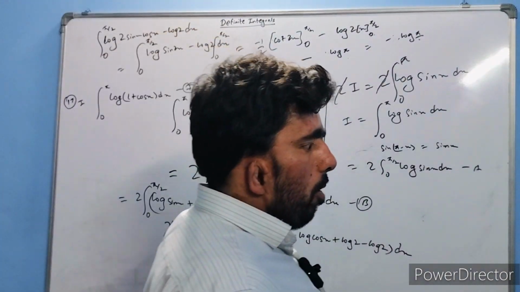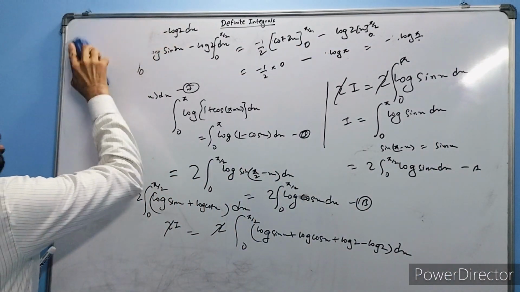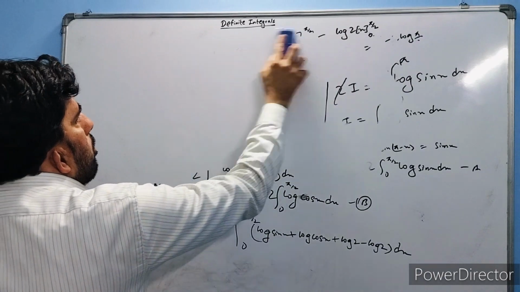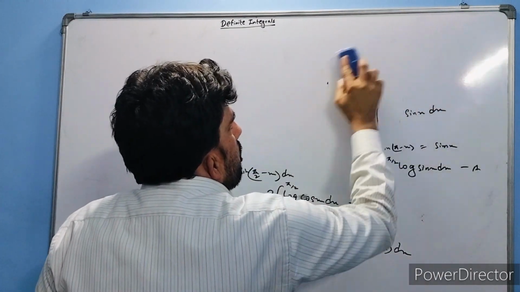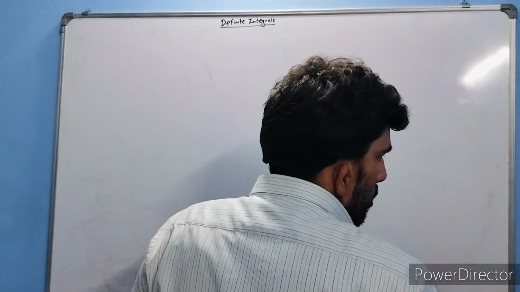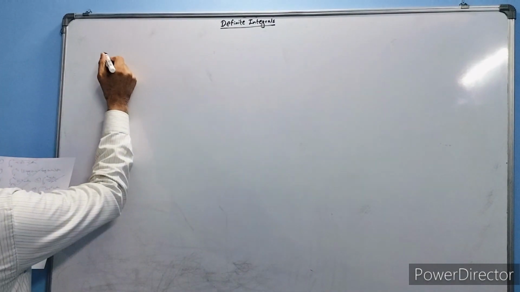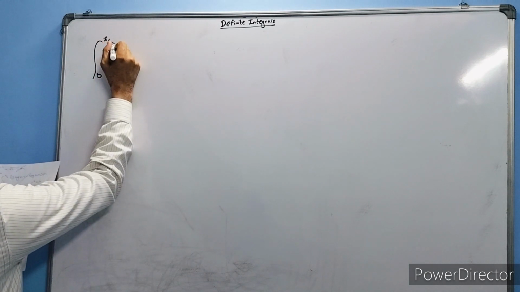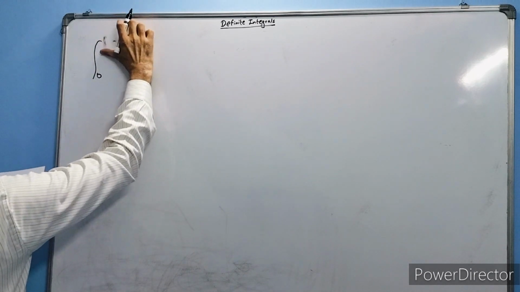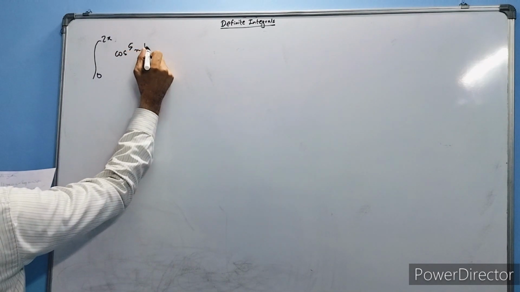Now let us try to evaluate one more definite integral using properties. We have 0 to 2 pi, and we have cos 5x raised power dx.